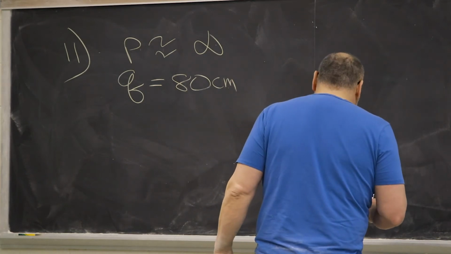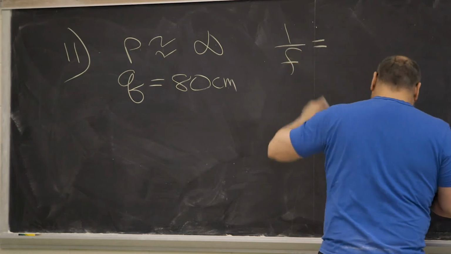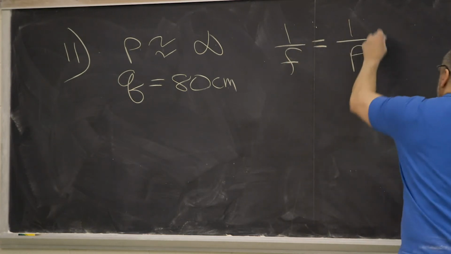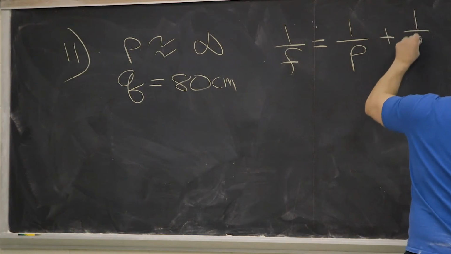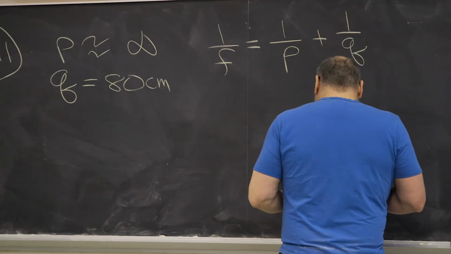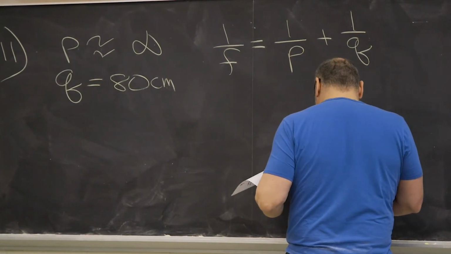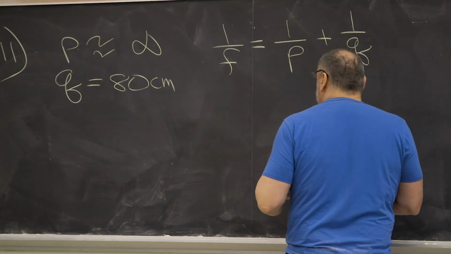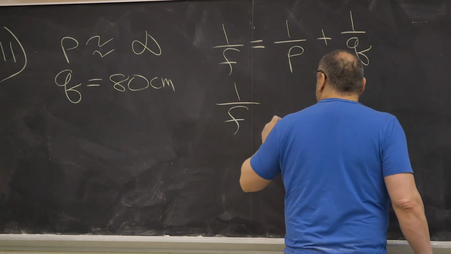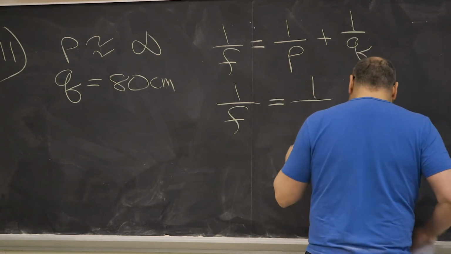So let's see what we can say here. What are they talking about? They're asking what kind of focal length we need to get this done. We've got to say 1 over f is equal to 1 over something very large, infinity or close to it, a very great distance.